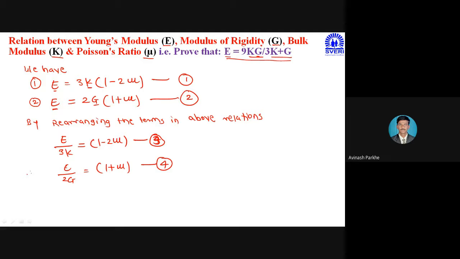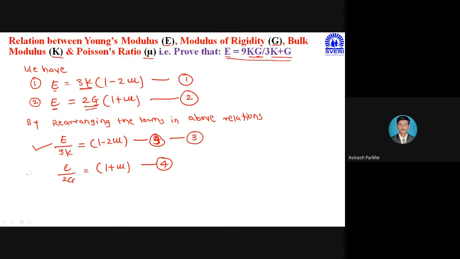In equation number 1, whatever 3k term is present at the right side, I have taken to the left side. So I got a new equation, E upon 3k is equal to 1 minus 2 mu. This is equation number 3. This 3k term I have taken to the left side and it gets divided. Similarly, this 2g term is also present at the right side.